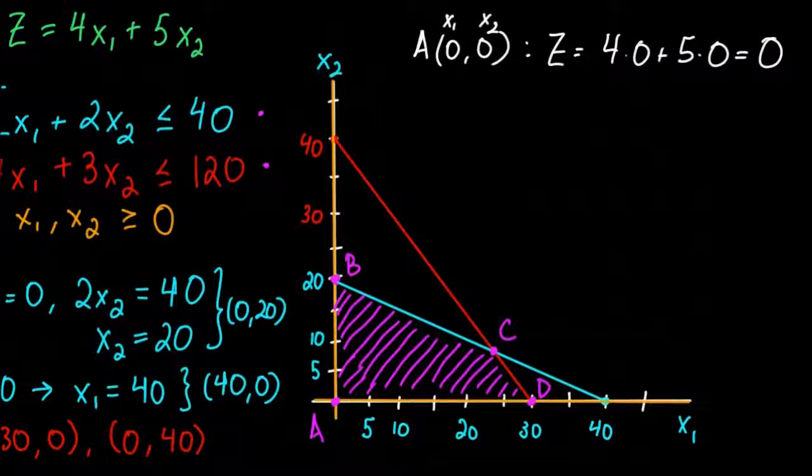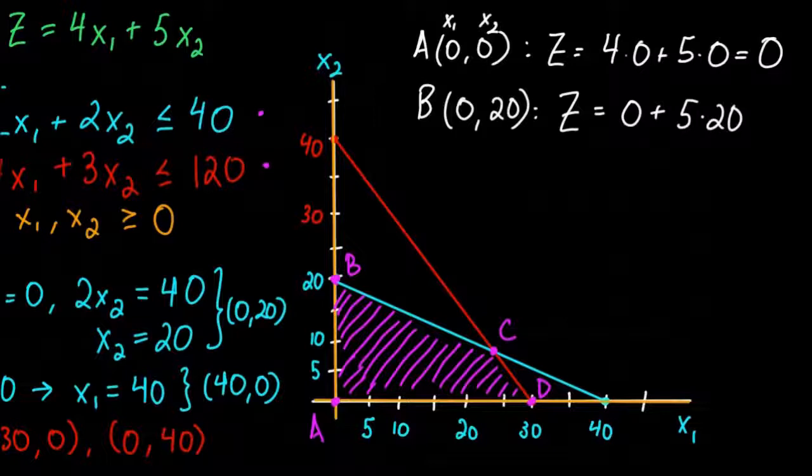So we have our next point, which is B, that occurs at 0, 20. So for that, Z equals 0 plus 5 times 20, which is 100.